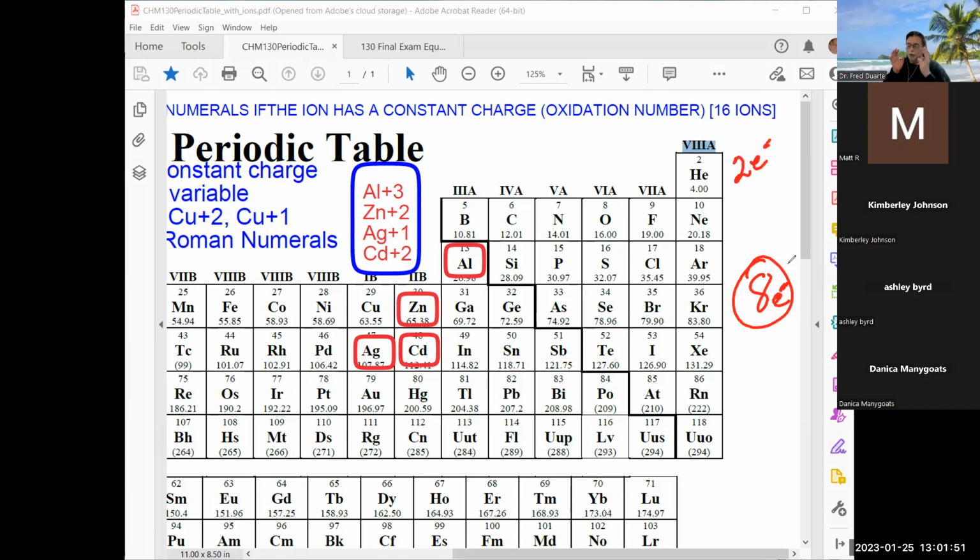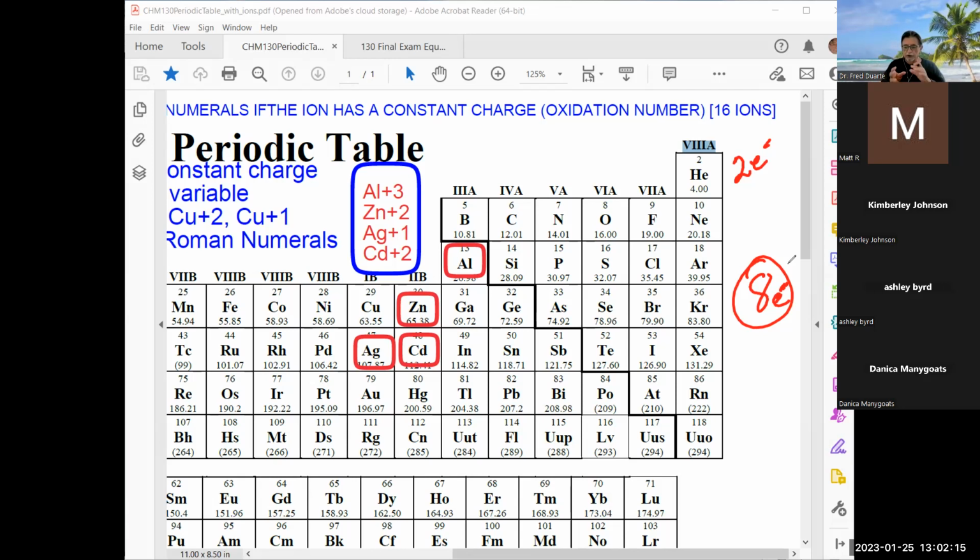We're going to learn that the driving force for chemical reactions is obtaining that magical Harry Potter 8. That is what our models have shown, that elements strive to obtain 8 electrons in their outermost shell.